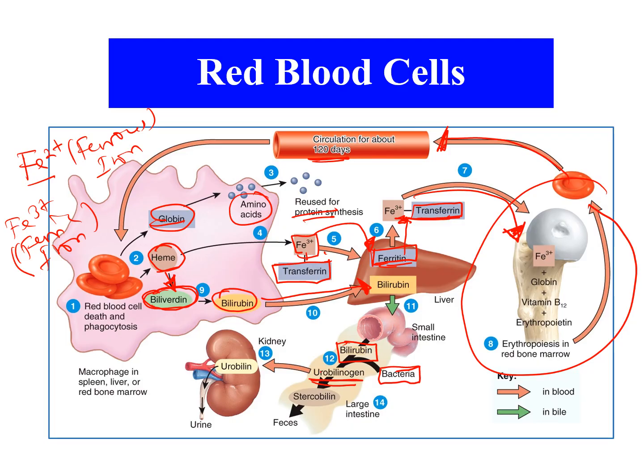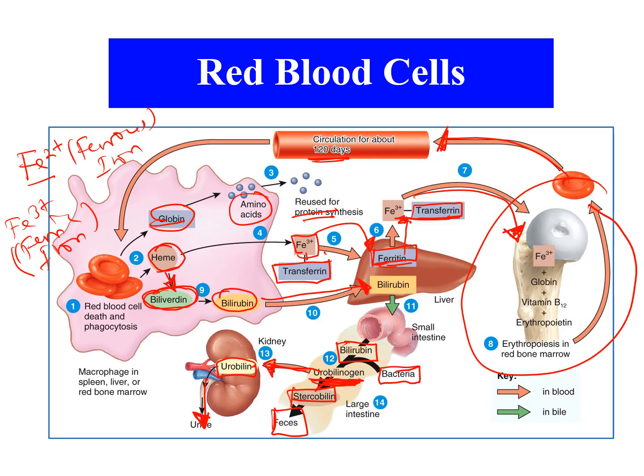Some of it is going to go back into the circulation, and as that blood passes through the kidneys, the urobilinogen is going to be converted to urobilin, and this urobilin is going to be excreted in the urine, giving the urine its color. Then some of this urobilinogen, in fact most of it, is going to be converted to stercobilin, and this stercobilin is going to be excreted in the feces, and it gives the color to the feces.